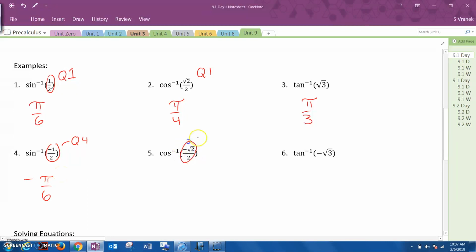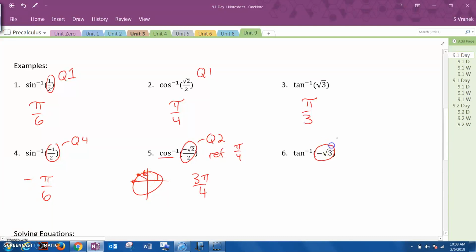Now this one, it's cosine, so we want an angle in quadrant 2. We already know that root 2 over 2 has a reference of pi over 4. If I'm in quadrant 2, I'm going to quickly draw my unit circle here, and with a pi over 4 reference you have to think about what that angle is. If you know that 180 degrees is 4 over 4, or pi, then one less than that would be 3 pi over 4, because it's a pi over 4 reference there.